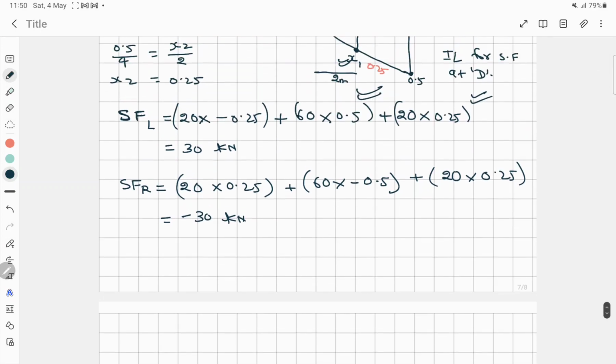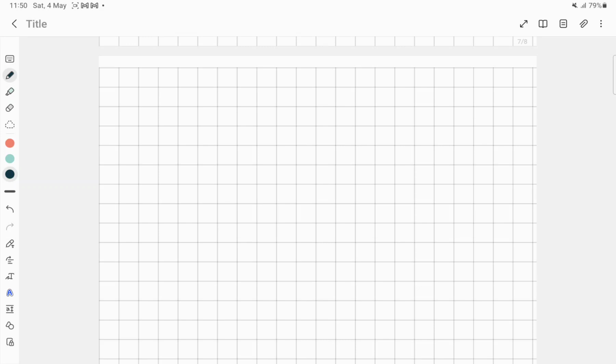Now we have a value for shear force at point D, that is 30 kilonewton, and from the right end it's minus 30 kilonewton. Now next is to calculate the bending moment.